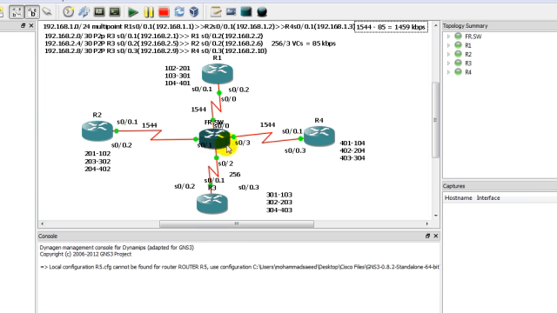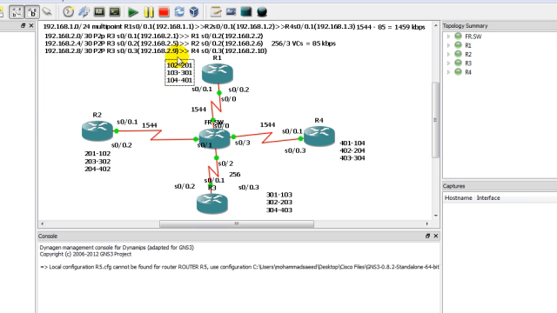Now I also have a frame relay switch in the middle. I want to configure frame relay with full mesh. What does that mean? I want to make a PVC between router 1 and router 2, a PVC between router 1 and router 3, and a PVC between router 1 and router 4.